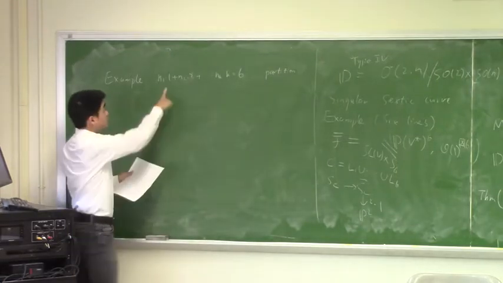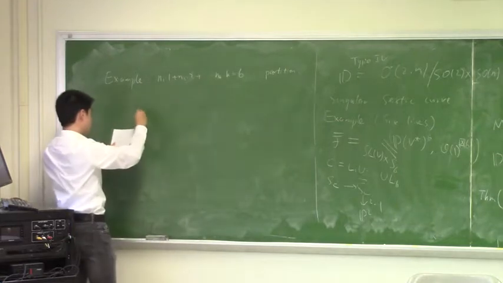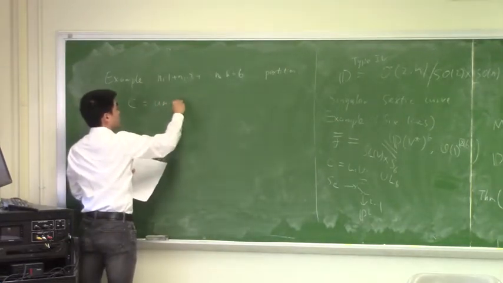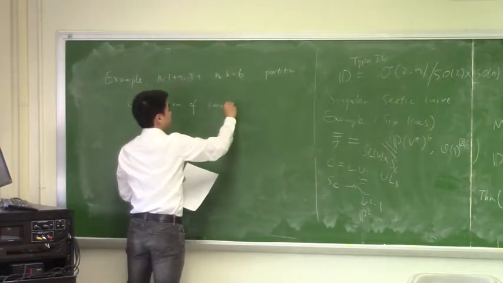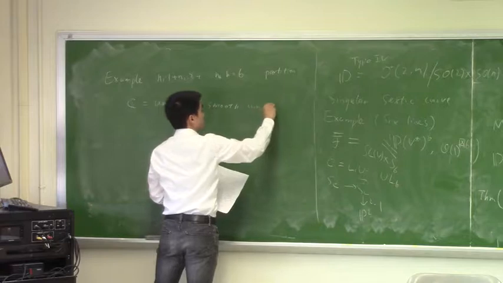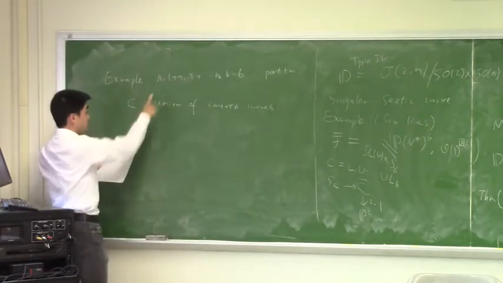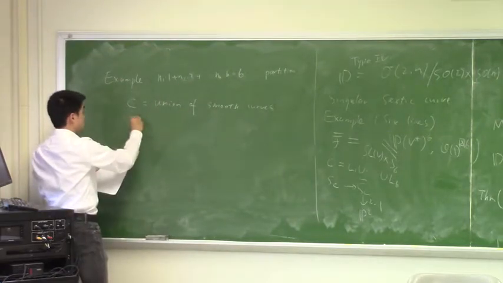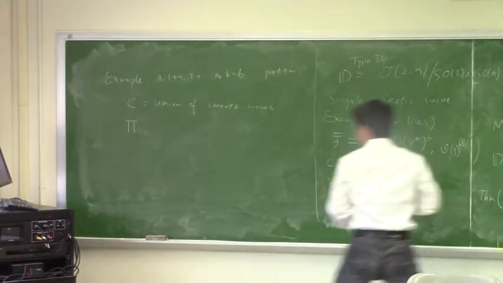And we can consider a degree 1 curve, a degree 2 curve, and a degree k curve. So C is a union of some smooth curves with degree 1 up to k, and multiplicity n1 up to nk. So we can describe sigma tilde quite explicitly in this case.